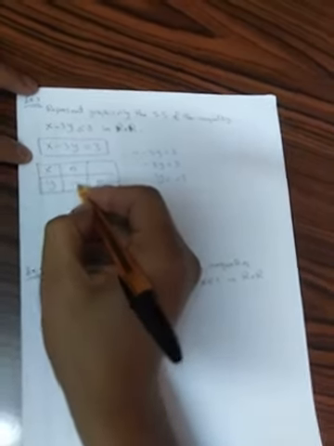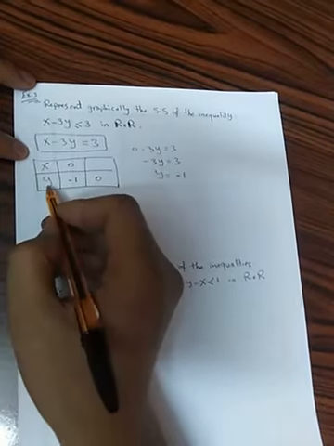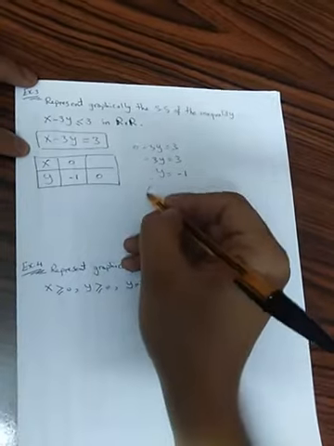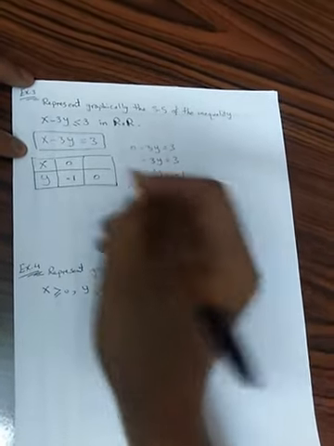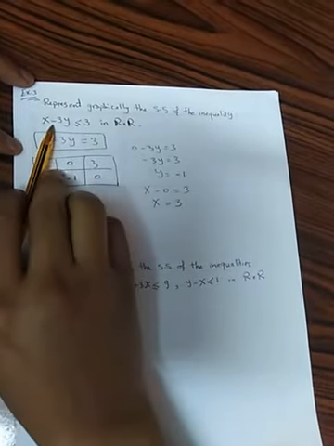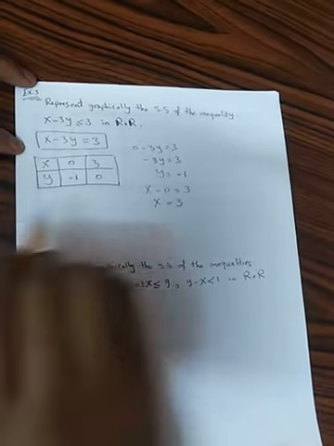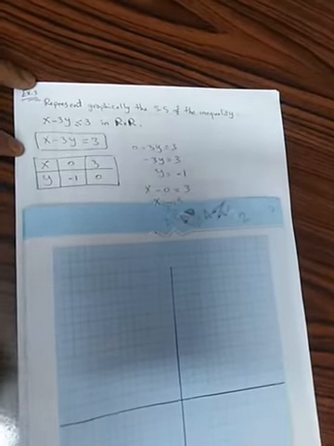If we put y equals 0, then x minus 0 equals 3, so x equals 3. And represent this table on the lattice. Let's see the lattice, please.